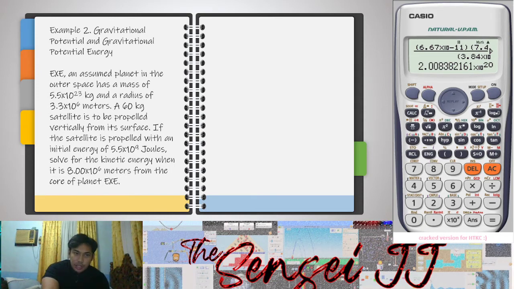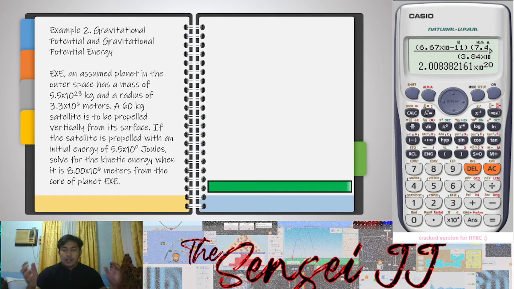Solve for the kinetic energy when it is 8 times 10 raised to 6 meters from the core of planet X. So please try to solve this one, guys, and we'll come back once you have ideas or answers for this. Okay, so see you.